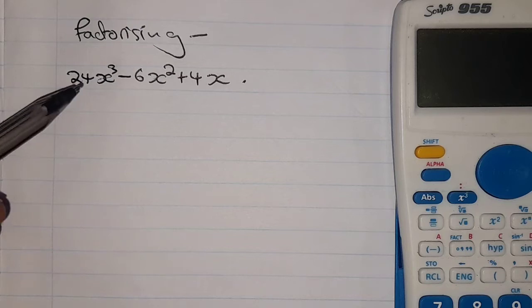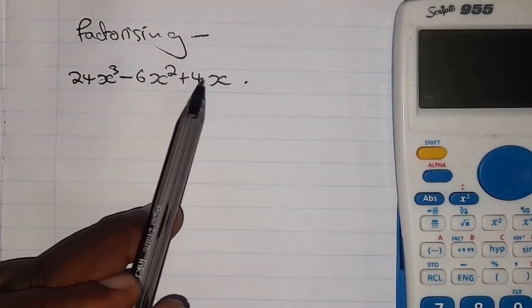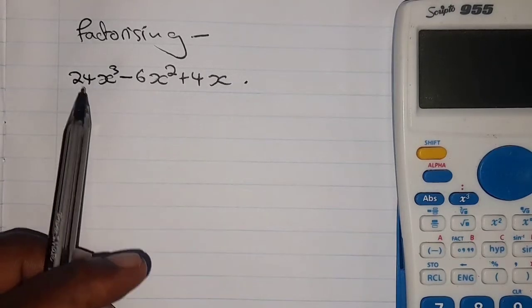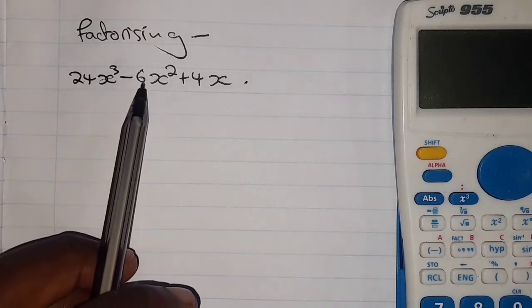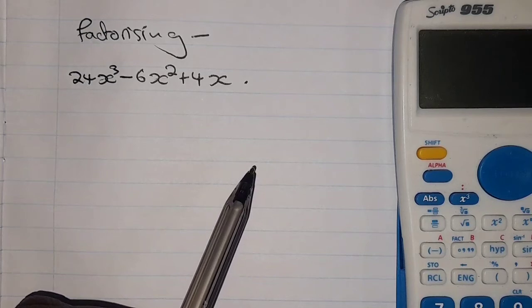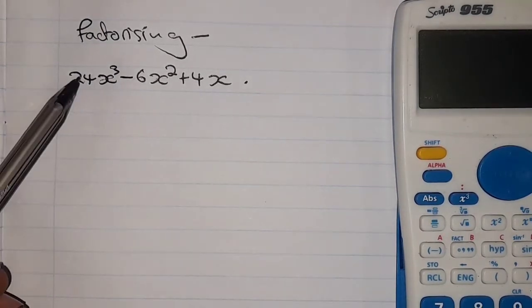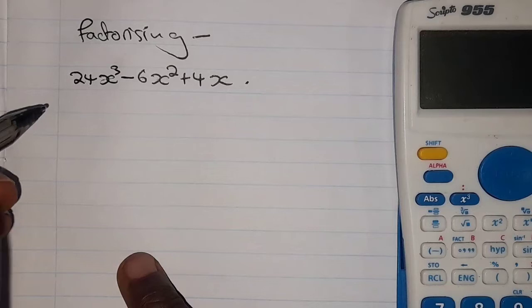The first thing, we need to get the highest common factor of these three terms. You will notice that our coefficients, we have 24, we have 6, we have 4. So we need a number which can get into 4, into 6, and into 24 without leaving a remainder. The only number that we have here is 2.